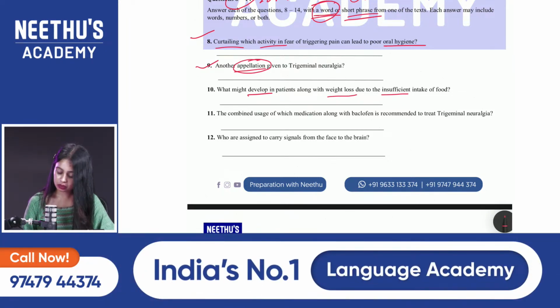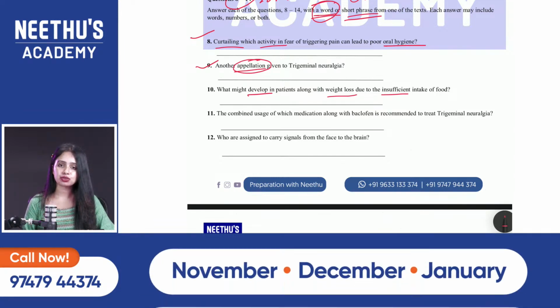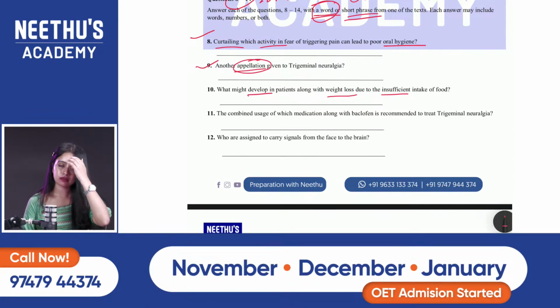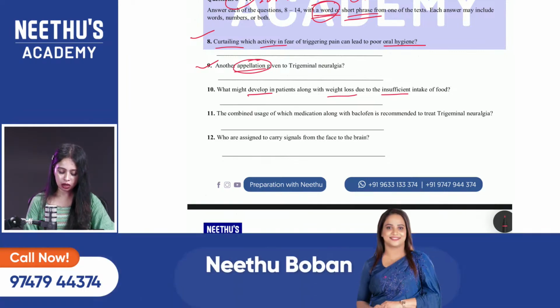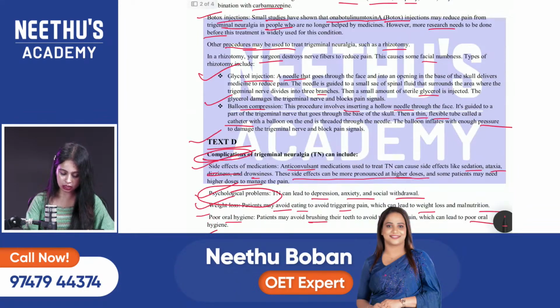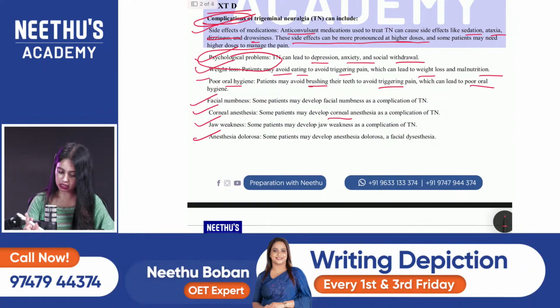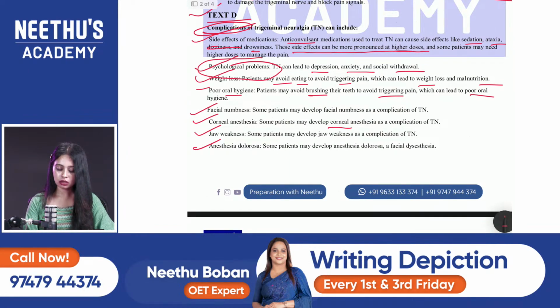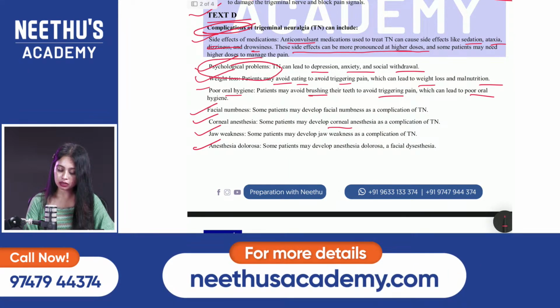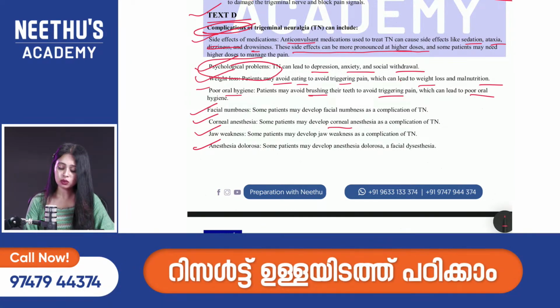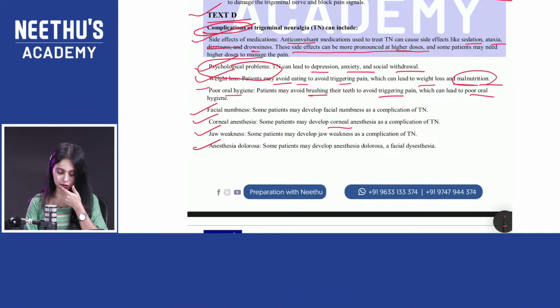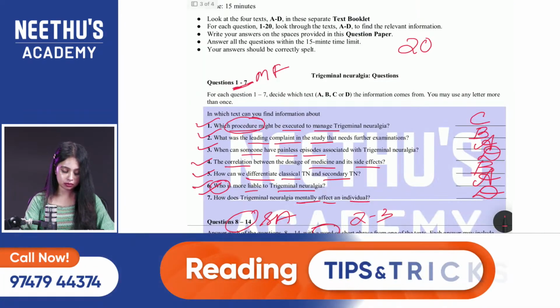Yeah, it's malnutrition. Very good, Alina. It's mentioned in text D, I think, because I've seen that word there: patients may avoid eating to avoid triggering pain, which can lead to weight loss and malnutrition. So the answer is malnutrition. Very good, Alina.